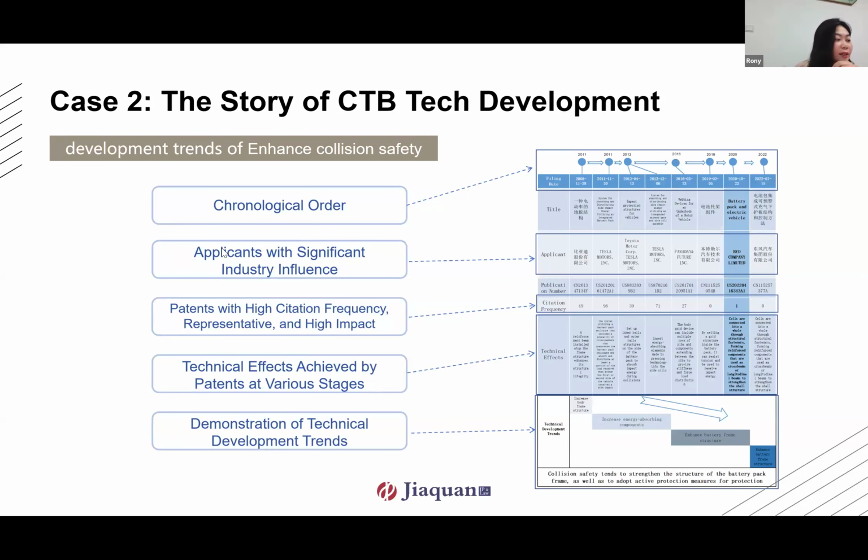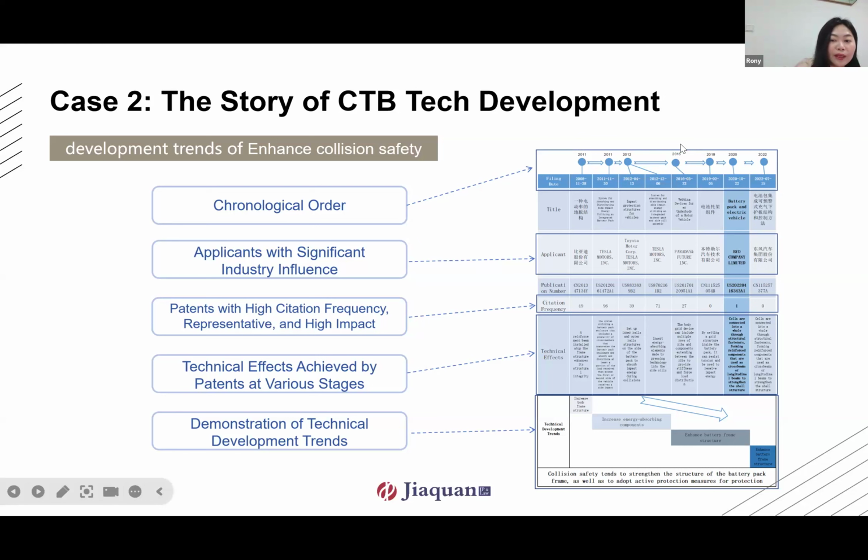And then we gradually extracted some representative and important technologies that appeared each year and formed such a table. The first row is the time axis, and below it, we specifically listed patent information such as the theme, applicants and corresponding publication number.